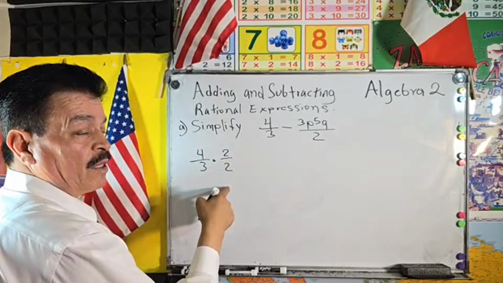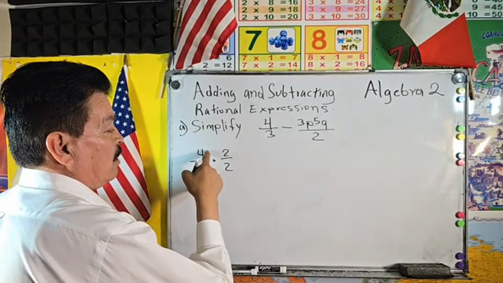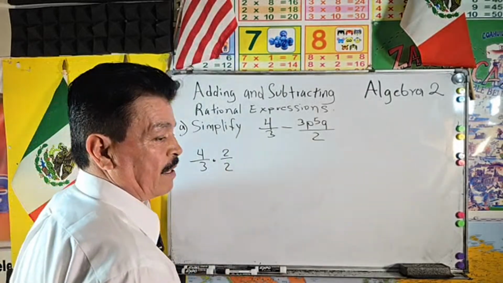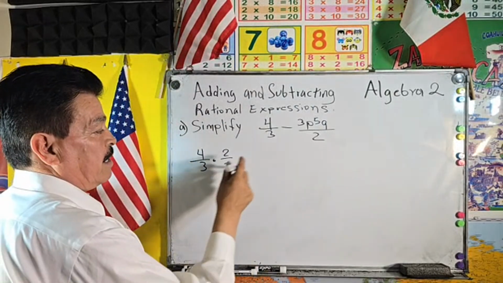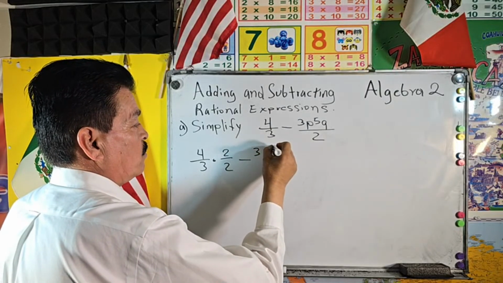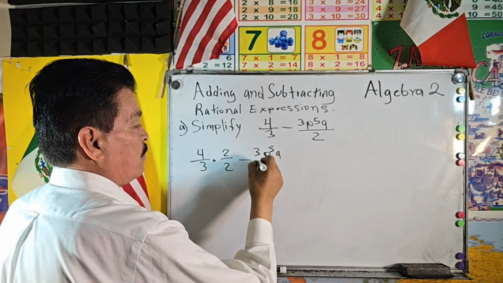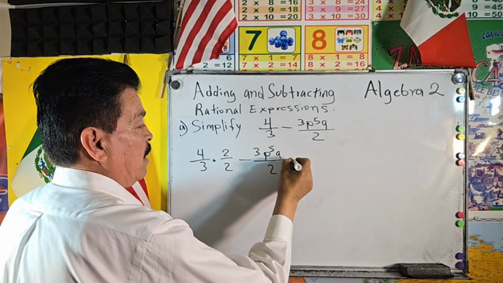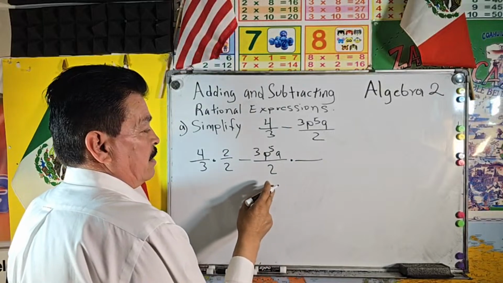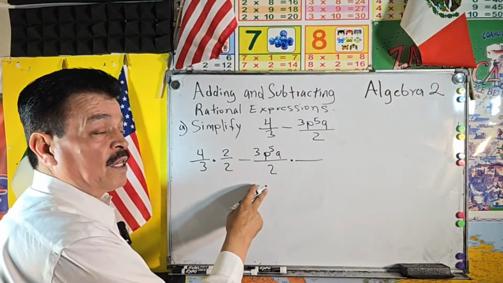Multiply the numerator, the number on top, by the same number that you multiply the number in the bottom. Okay, so minus (3p^5 q)/2. This one we have to multiply by some number so that the product is 6.